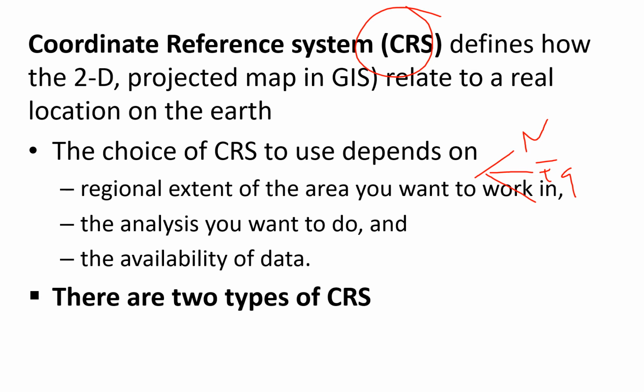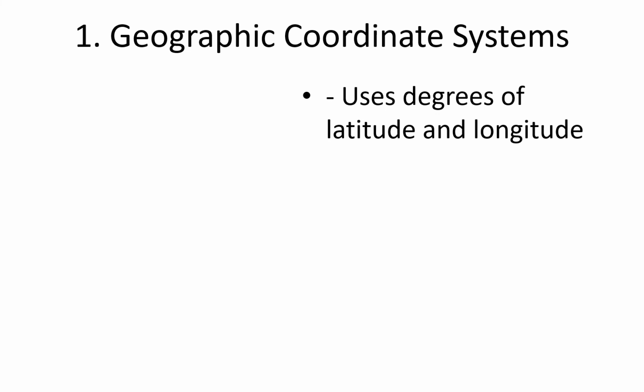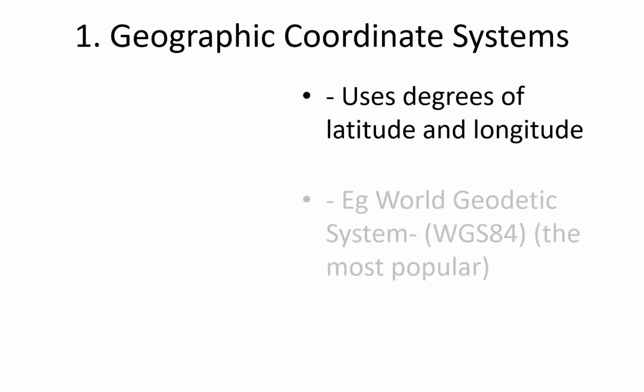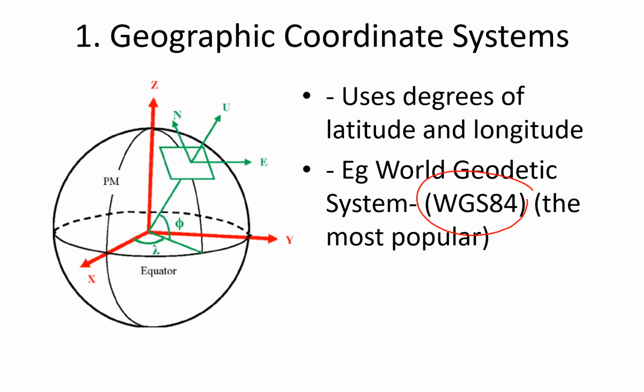So essentially, there are two types of coordinate systems. The first one is what we call a geographic coordinate system. And this one uses degrees of latitude and longitude. For example, the most famous is the World Geodetic System, which you will find in many presentations known as WGS 84. So here's our globe.